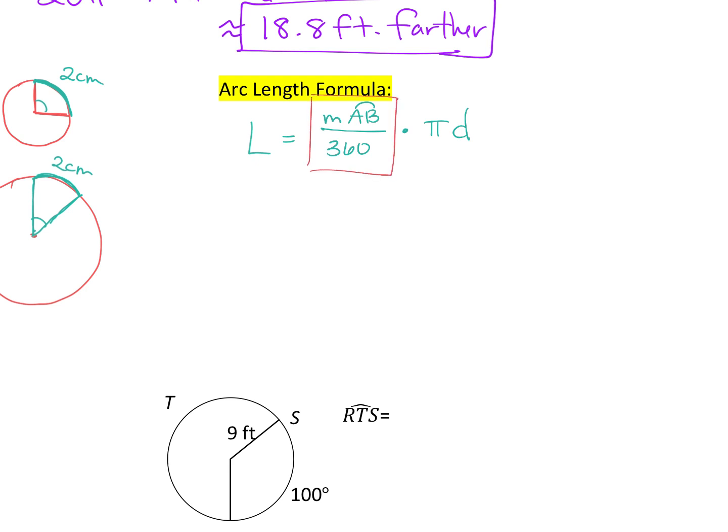This right here, that's a fraction of a circle, right? Some fraction of the circumference of a circle is your arc length. So it's very much just plug numbers into a formula and it will do the work for you, okay? You're taking a fraction of the length around a circle. Let me show you what I mean.